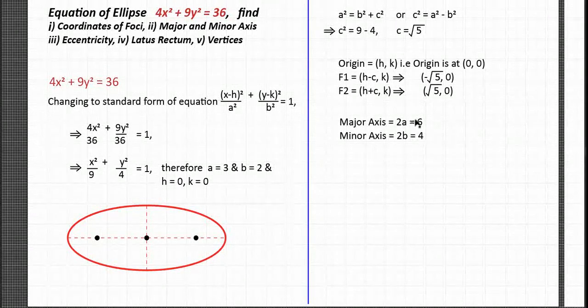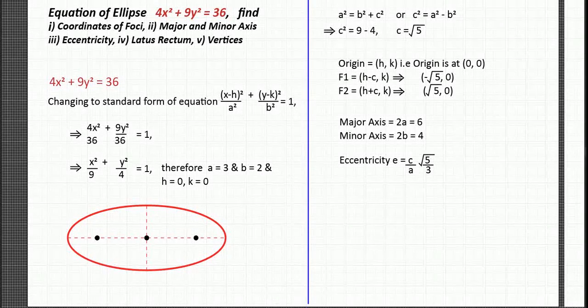Major axis equals 2a. If a square equals 9, then a would be equal to 3, and major axis is given by 2a, so 3 times 2, it comes out to be 6, and minor axis is 2b, that comes out to be 4.